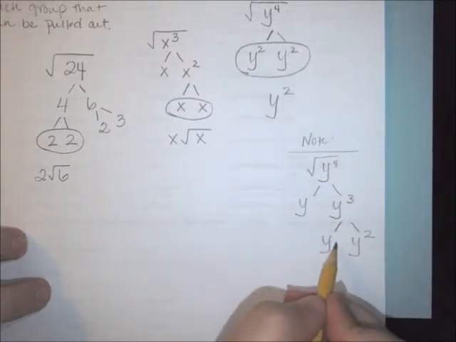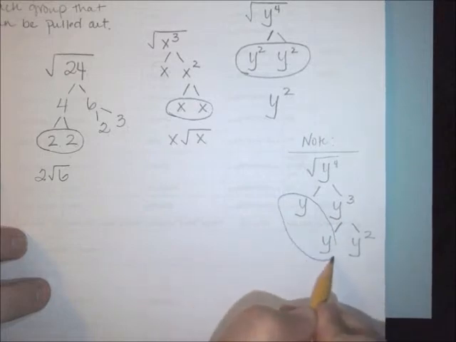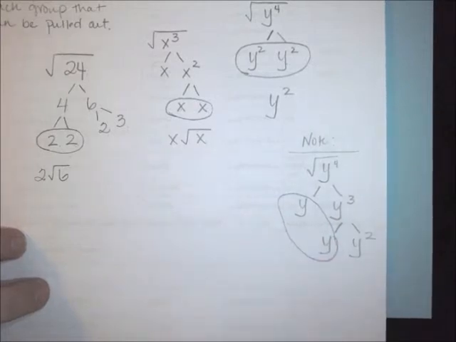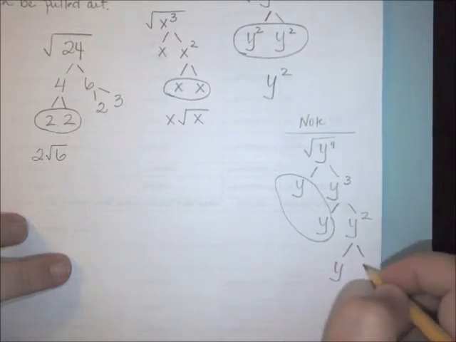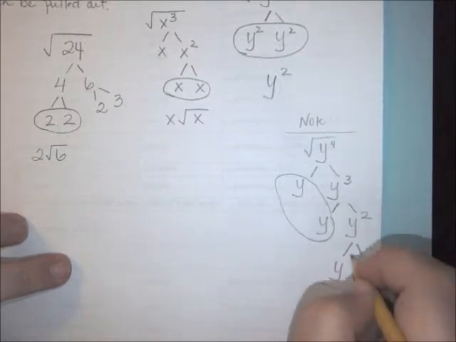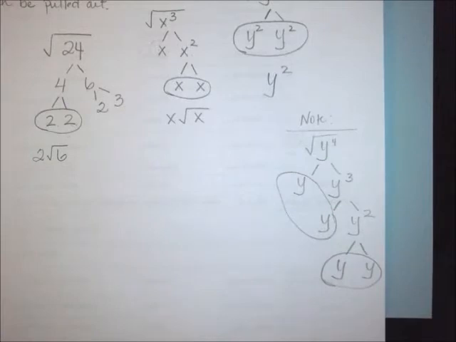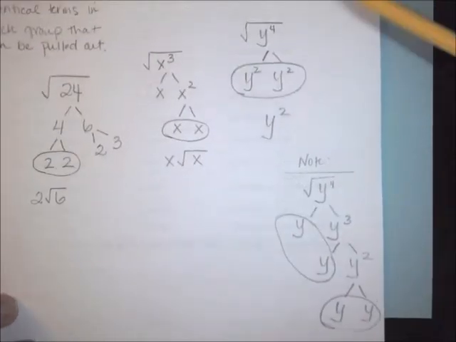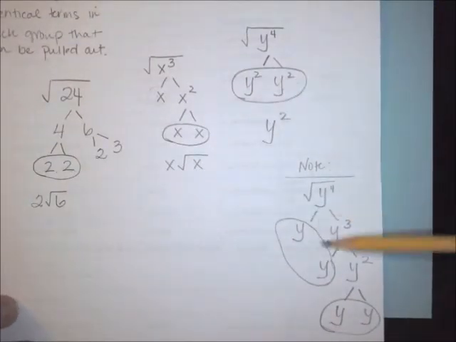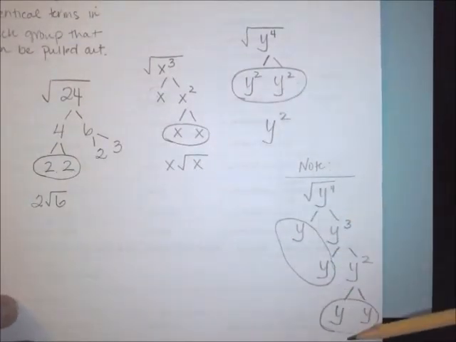So if you look, I have a group of 2 identical terms, but then y to the second can break down again into y and y. So I have another group of 2 identical terms. Okay? Notice in each case I'd pull them out, which ends up with y squared. So whether you immediately broke it down or you broke it all the way down to the base is fine.